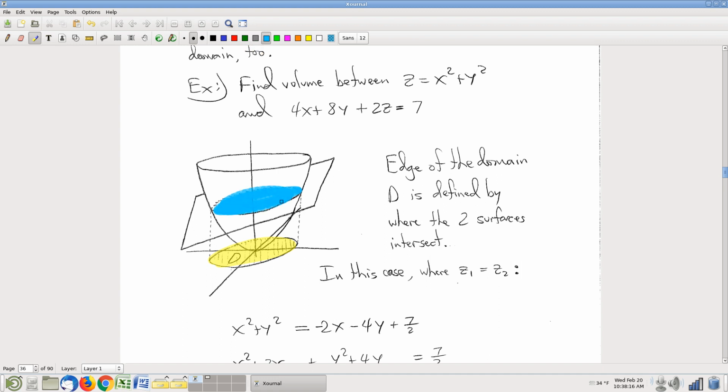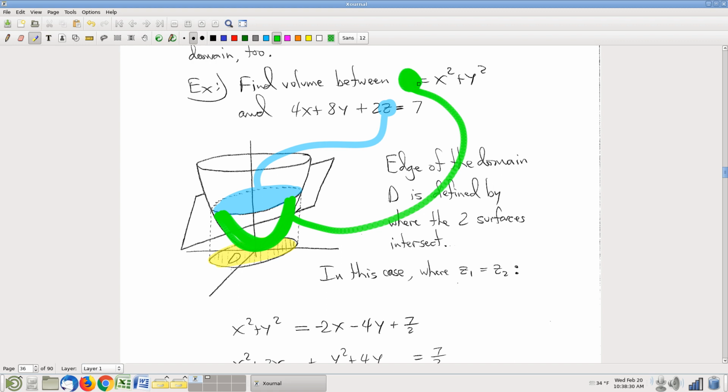Sitting over that piece, that's the z that's on top, right? Does that make sense? That's the top surface, right? And then this, I'm just going to do it like that. That z is the bottom. So blue z minus green z. Yeah. Okay.